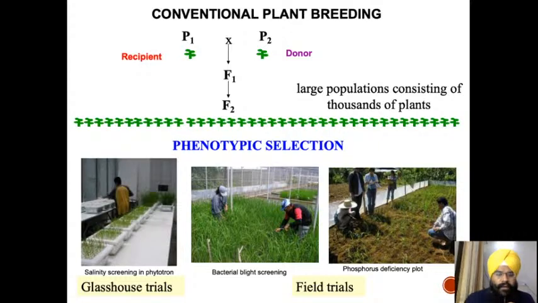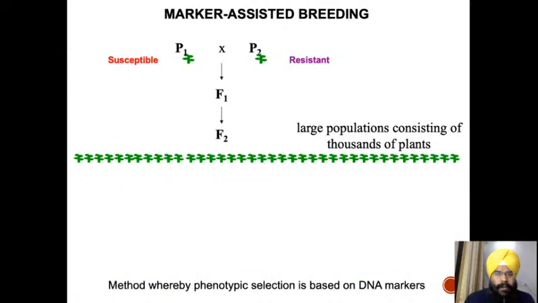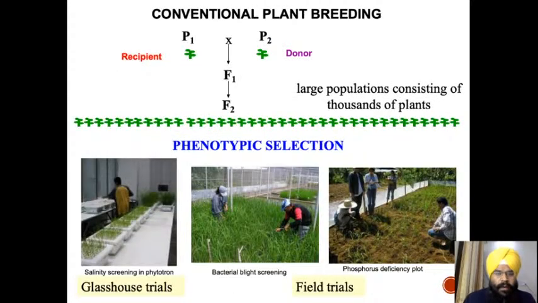Here you can see bacterial blight screening is happening, and then phosphorus deficiency plots are being done. So all these things are taken care of afterwards. This was conventional plant breeding. This is what happens in the conventional way.